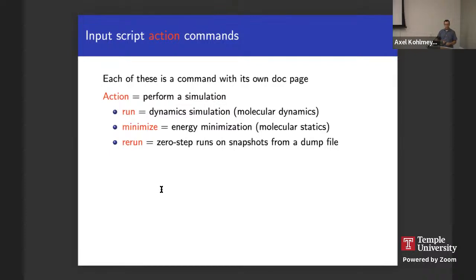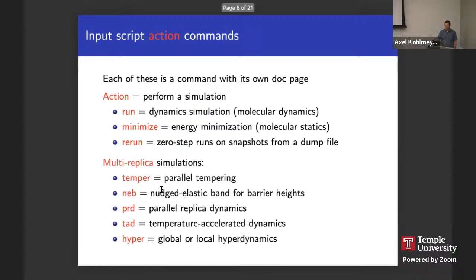You can do a rerun. So that is 0-step runs on snapshots from a dump file. So you can read in a dump file and then rerun your simulation with some different force model or some change in your parameters.